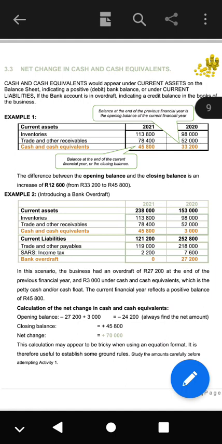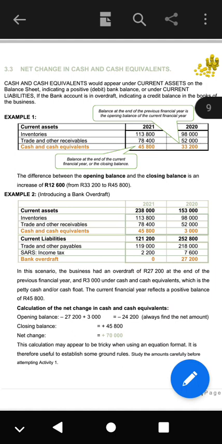And then our closing balance, of course, is still 45,800. In this scenario, the business had an overdraft of 27,200 at the end of the previous year, and 3,000 under cash and cash equivalents, which is petty cash or cash float. The financial year reflects a positive balance of 45,800. The calculation of the net change in cash and cash equivalents will go like this.